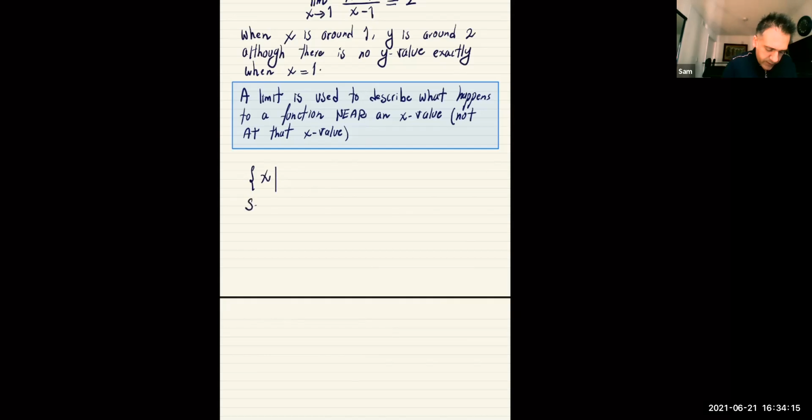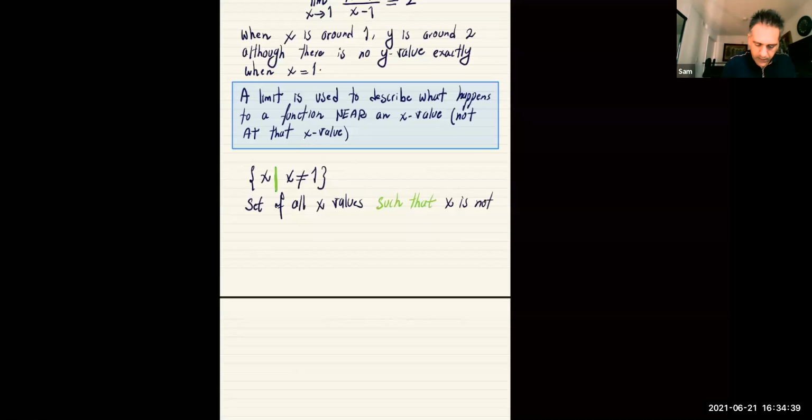So the set of all x values such that x can't equal 1. X is not 1. This is called the set builder notation.